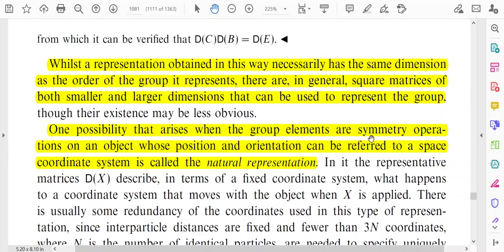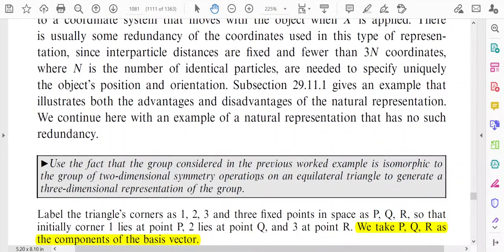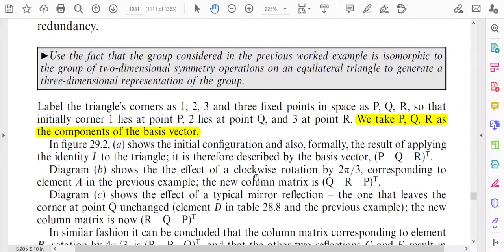When the group elements are symmetry operations on an object whose position and orientation can be referred to a space coordinate system, it is called a natural representation. I will discuss one such representation.